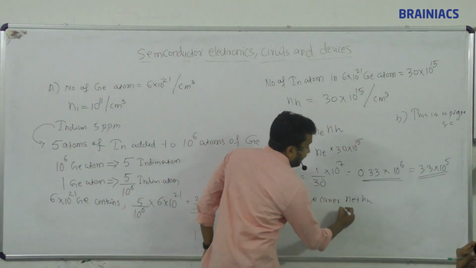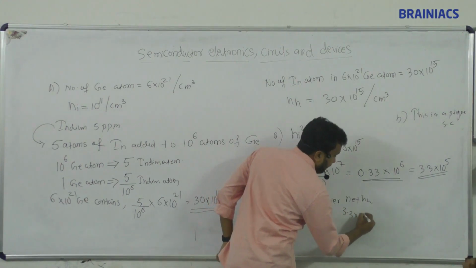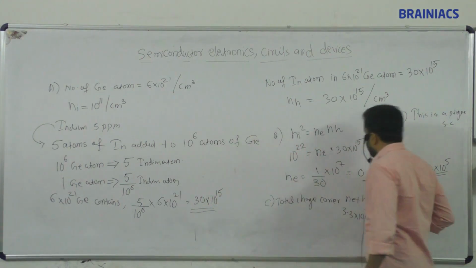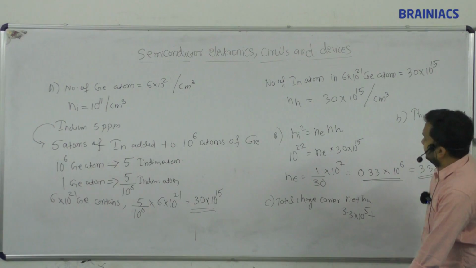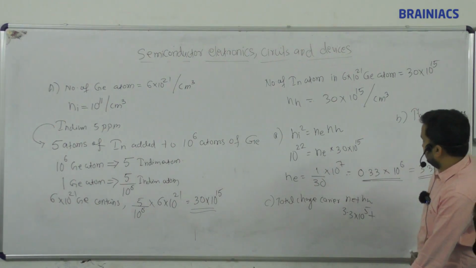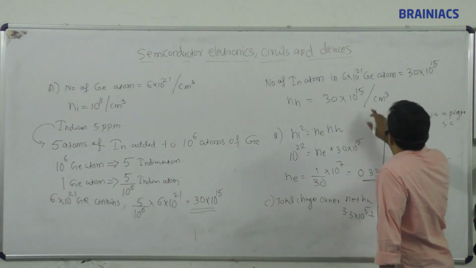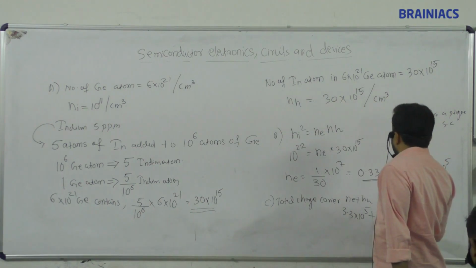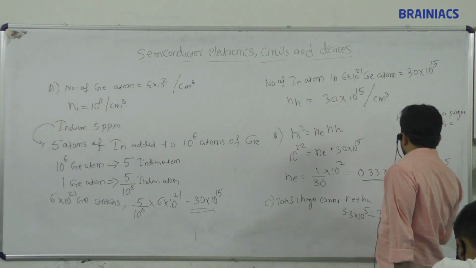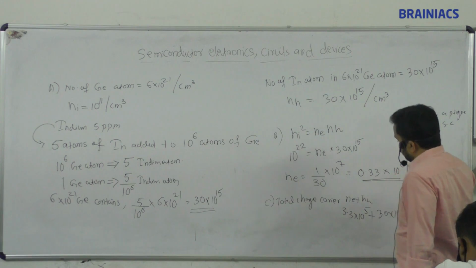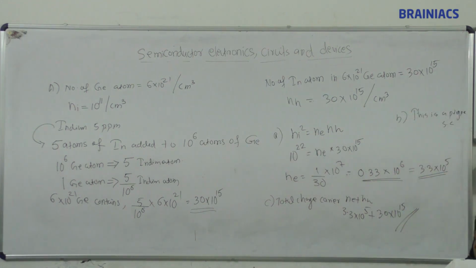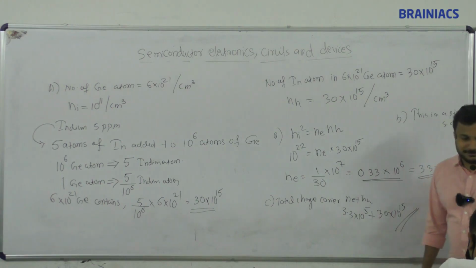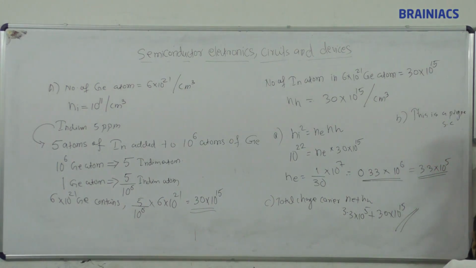Here, 3.3 into 10 power 5 plus NH. NH is this one, right? So 30 into 10 power 15. You can keep it like this, if you want you can solve it. Nothing else, nothing wrong. So 3.3 into 10 power 5 plus 30 into 10 power 15.